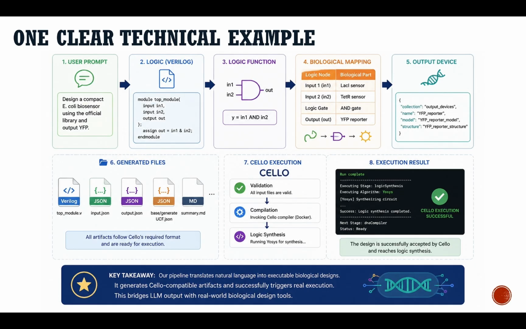Then, we perform biological mapping, where abstract logic nodes are matched to real biological components. After that, the pipeline automatically generates all required files, including Verilog, input JSON, output JSON, UCF files, and summary files. These files are then passed to Cello for validation and execution.